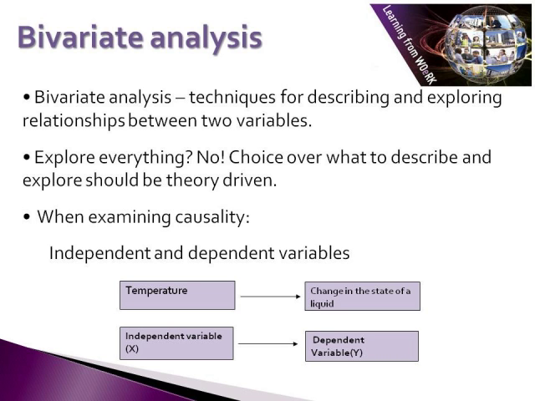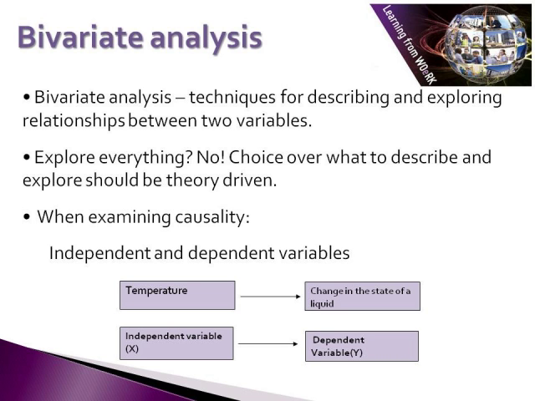Looking at the distribution of one variable in terms of its measure of central tendency, spread, shape, those kinds of things, is important, but the really interesting work happens when we examine how the distribution of one variable can affect another. What we're not interested in doing is describing and exploring everything. What is done should be theory driven, so that there is some sort of framework behind the choices that are made about what to describe and explore.